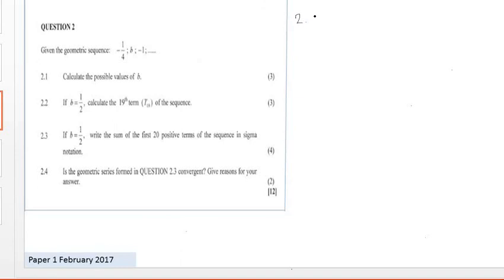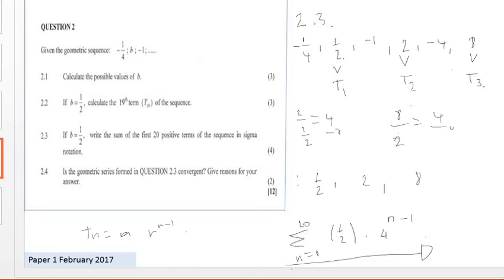Question 2.4. They say, is the geometric series formed in question 2.3 convergent? Give a reason for your answer. If we look at the previous question, we have the actual geometric sequence.